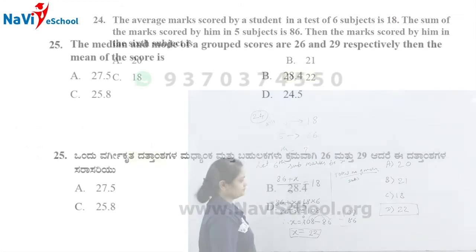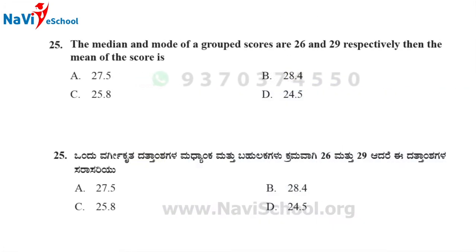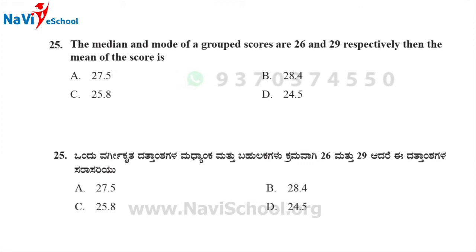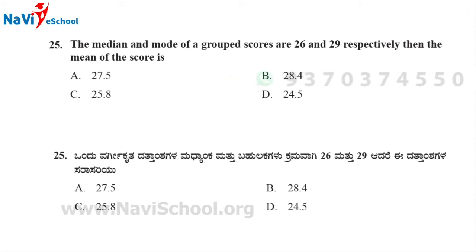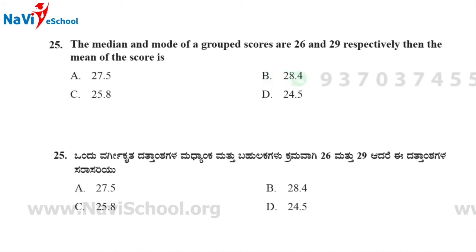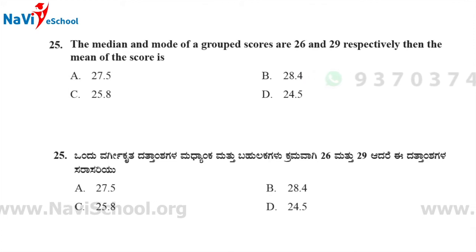Next, question number 25. The median and mode of grouped scores are 26 and 29 respectively. Then the mean of the score is option A 27.5, option B 28.4, option C 25.8, option D 24.5.